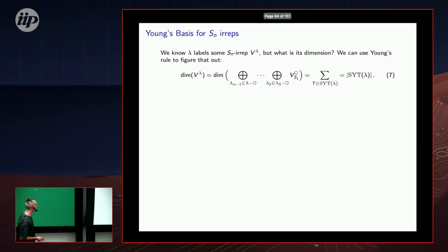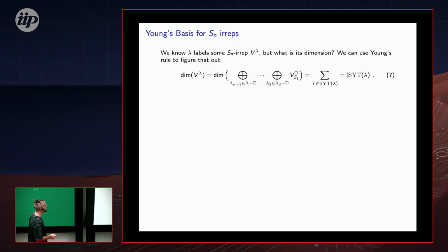Okay, why do we care about paths so much? It's because paths are a canonical basis for this irreducible representation. Just because, as we're saying here, if you take dimension on each side, and since the dimension of this is 1, then you get a summation over paths.